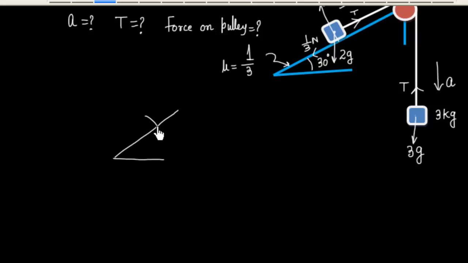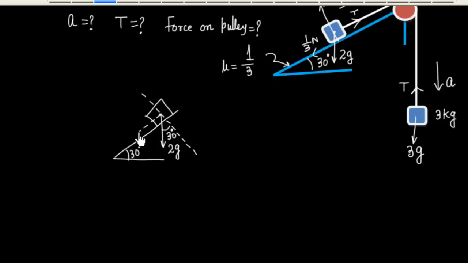So this mass is 2g. What are the forces acting? This is 2g, and this angle is 30 degrees. Let us draw a perpendicular to this surface. This angle is again 30 degrees because the angle between lines is equal to the angle between their perpendiculars.